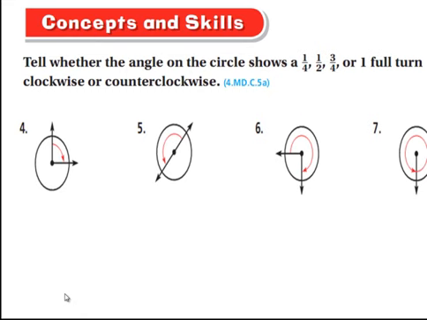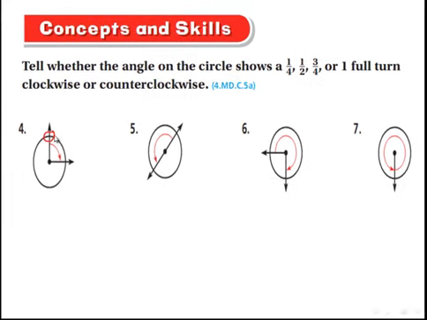Tell whether the angle on the circle shows a quarter or a half or 3/4 or 1 full turn, clockwise or counterclockwise. Let's see. Stand on the top. Move with your ray. To the right or to the left? To the right.